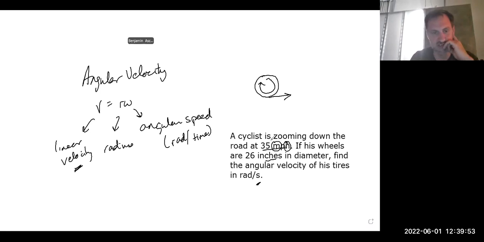I would recommend doing that conversion work first instead of just doing v divided by r equals omega. This is true, and this is how I'm going to basically solve the problem, but it's not 35 divided by 26. I've got multiple things going on in terms of conversions. Also, be careful here because this is a diameter, not a radius. If you want to take a stab at it, go ahead and press pause, and then we'll jump into it.